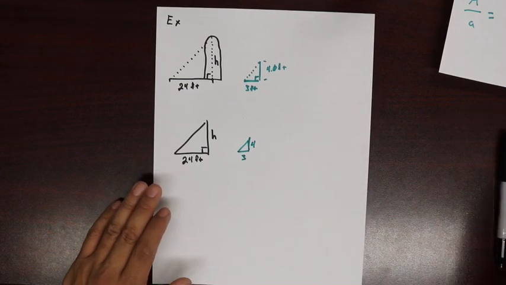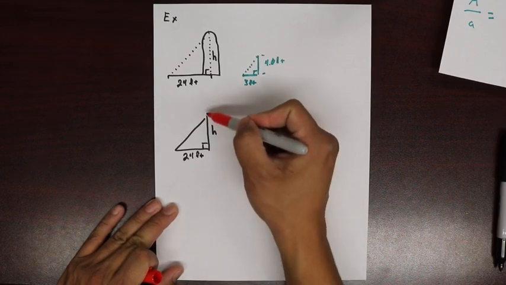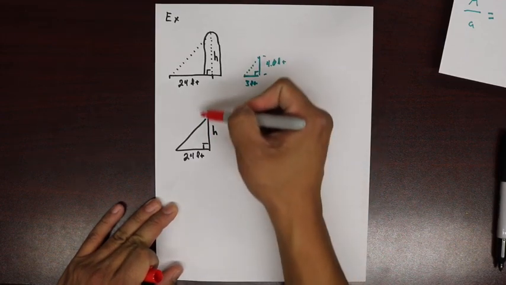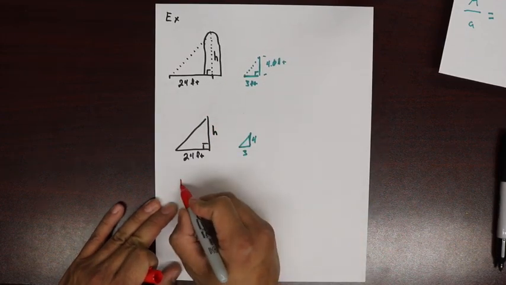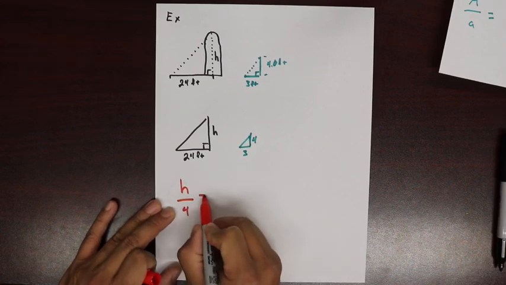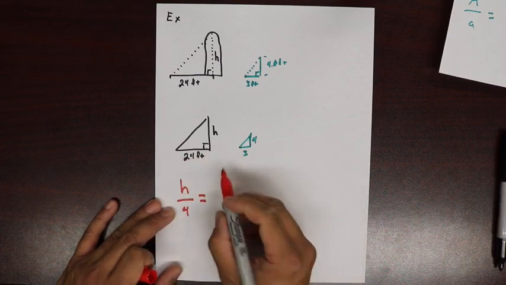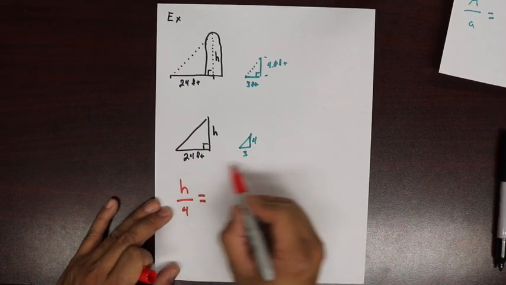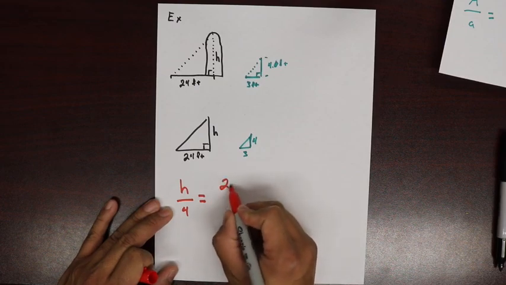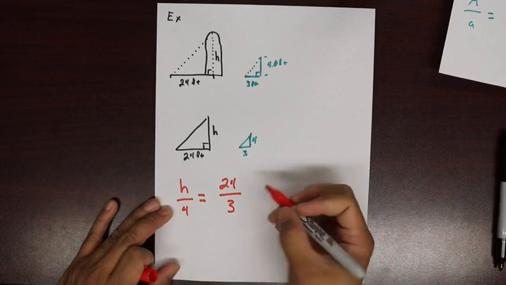The way we solve this is to say the ratio between the height of the silo and the height of the pole should equal the ratio between the lengths of the shadows. So big shadow over little shadow, 24 divided by 3.